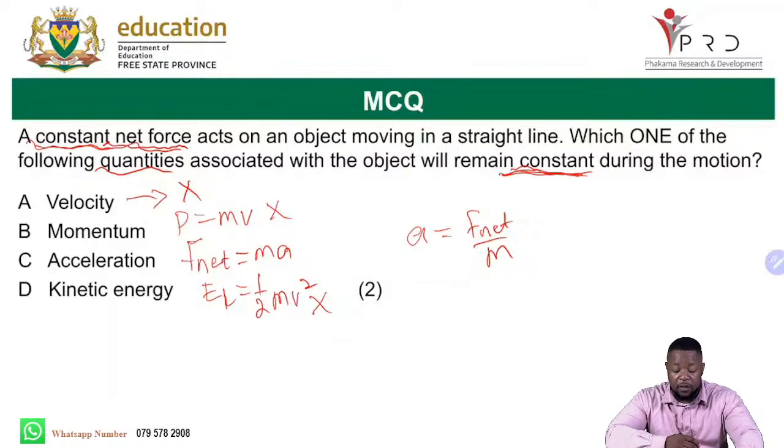So if the net force is constant, we also expect the acceleration to be constant. And therefore, we see option C as the option that best describes the scenario described above. That is how we can go about working out some of the multiple choice questions.